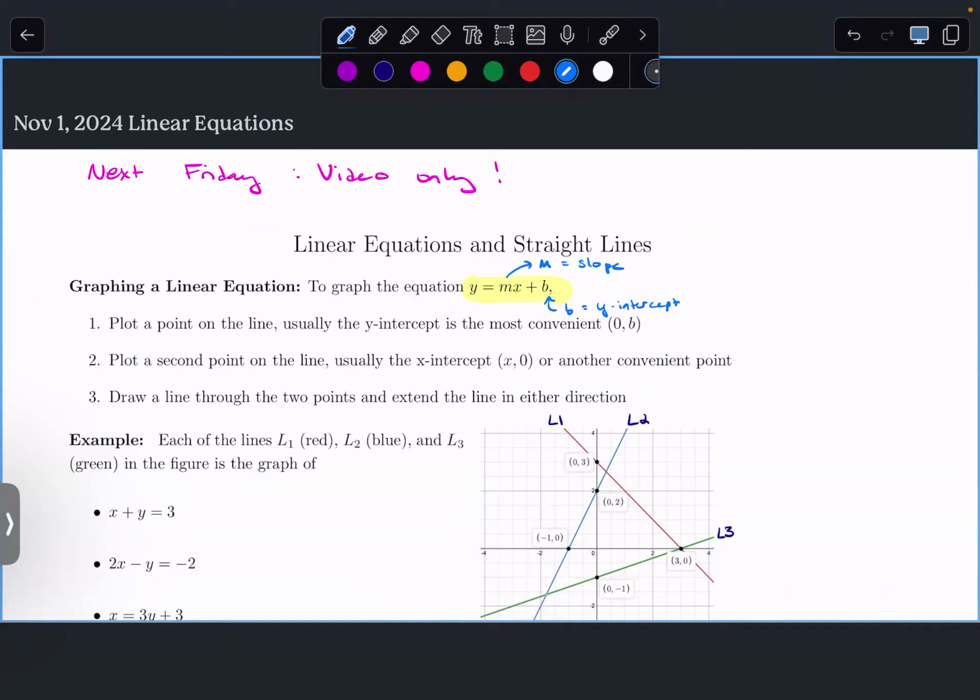We're going to be working with lines. Luckily, a lot of things can be represented by lines or linear equations. Linear equations refers to where we don't have powers on our variables. We just have x, y, z, that kind of thing. Right here we have y and we have x. We don't have an x squared, for example. That's a quadratic. So just linear functions.